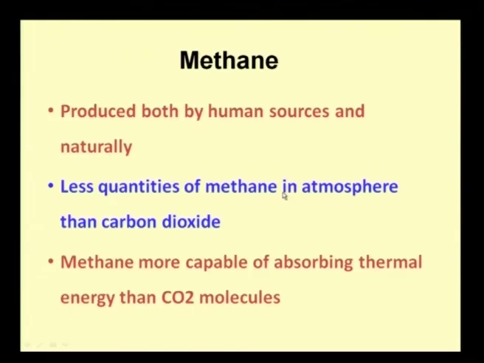There is less quantity of methane in the atmosphere than carbon dioxide, and the methane molecule is more capable of absorbing thermal energy than the carbon dioxide molecule.